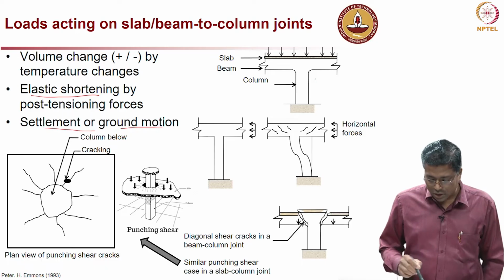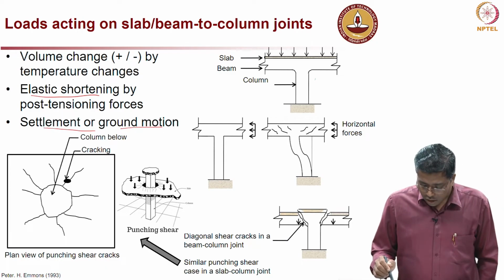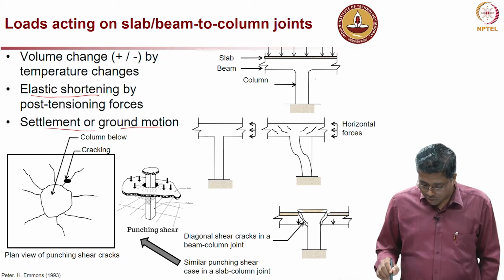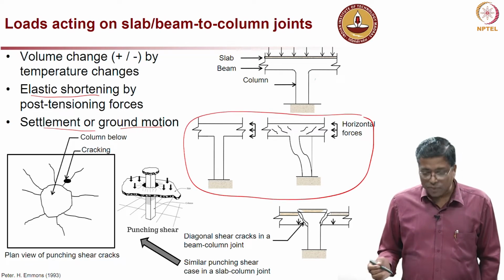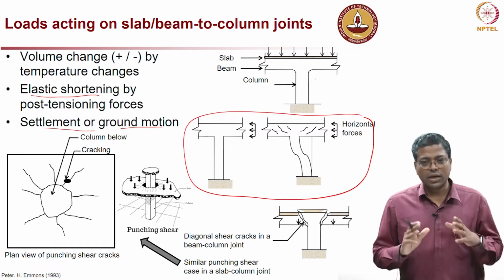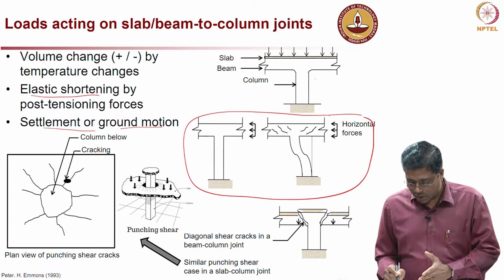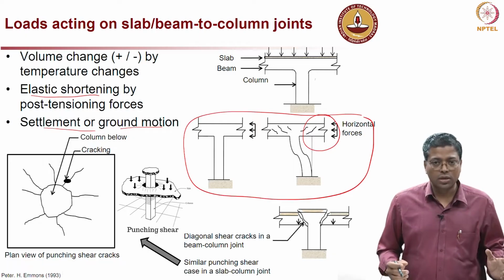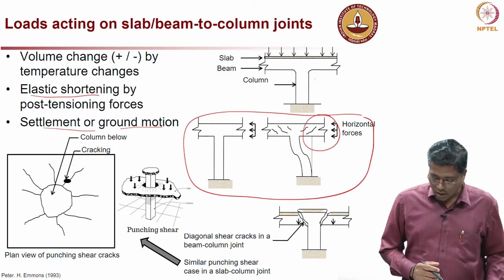So, let us see all these through these sketches. On the top right, you see a slab, a beam and a column joint, and I am looking at this sketch here. If there is a horizontal force, let us take an example of temperature variation. Let us say the element over here is expanding for some reason, and it is pushing the whole column towards the left side.